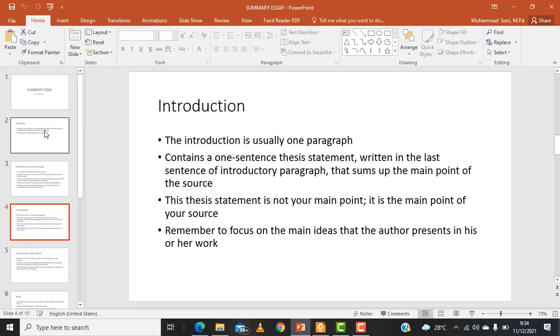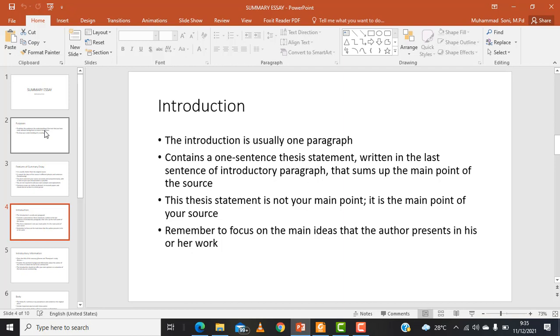It's similar to the previous types of essays that we have already studied. The introductory paragraph gives the readers or the audiences the background information of our topic. When it comes to the summary essay, in your introductory paragraph, maybe the first or the second or the third sentence you have to give some background information about the text that you're about to summarize.